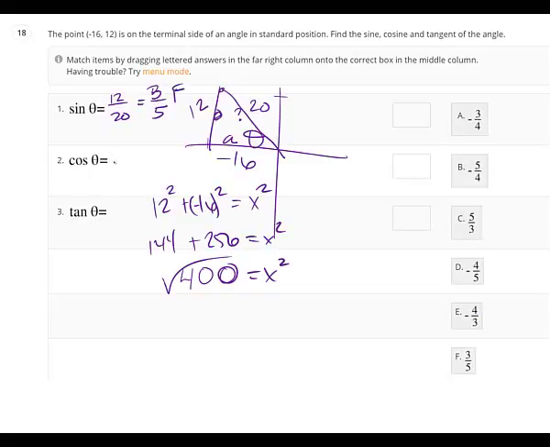So just know that yours could possibly be in a different order. Alright, the cosine of that triangle is what? Negative 16 over 20, which is negative 4 over 5. Okay, and according to mine, that one is D. All right, and then tangent of that triangle is what? 12 over negative 16, which is going to give me negative what? 3 over 4, which according to mine was A.